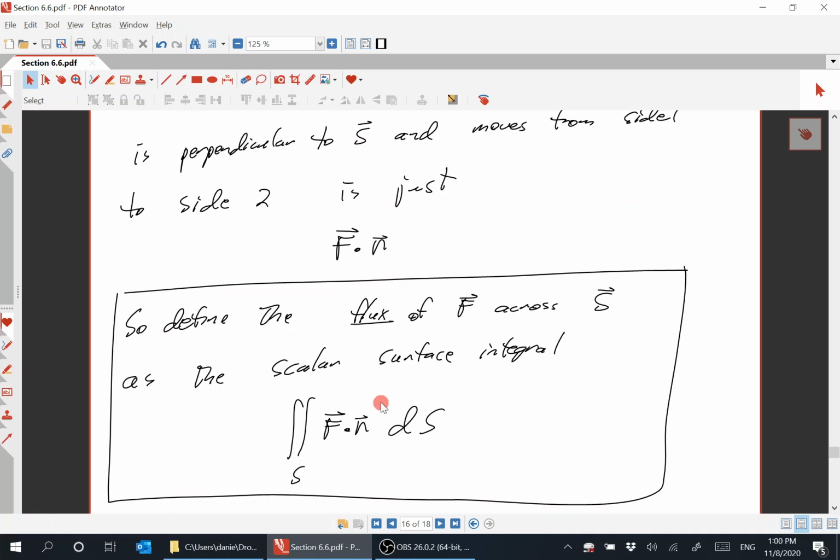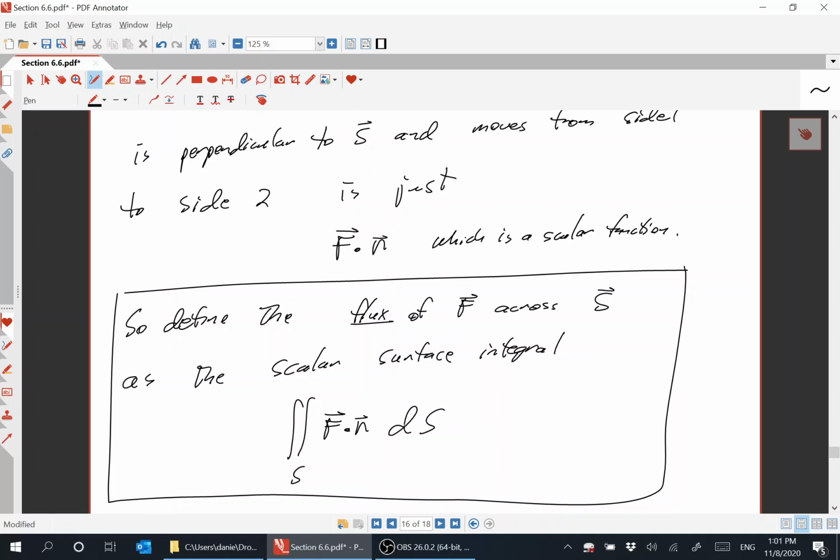So this scalar function measures the correct thing that we want to measure, the flow of the vector field across S. So now you just take the surface integral of that scalar function.